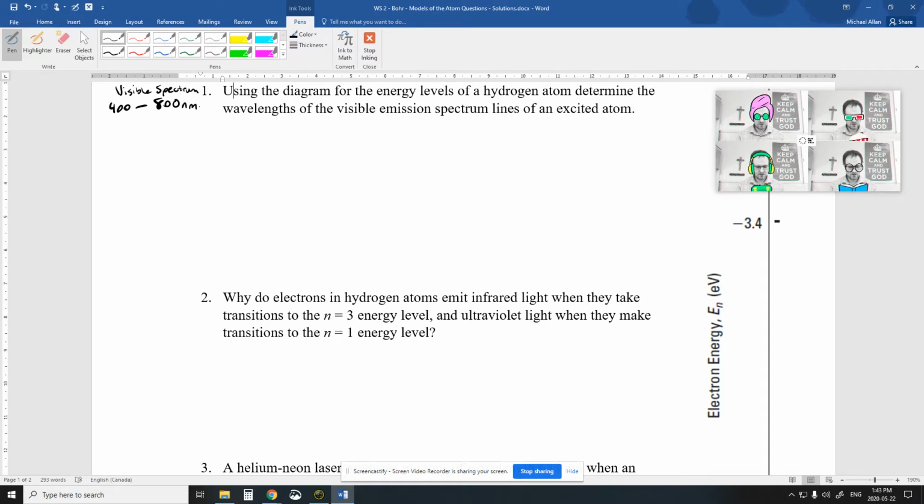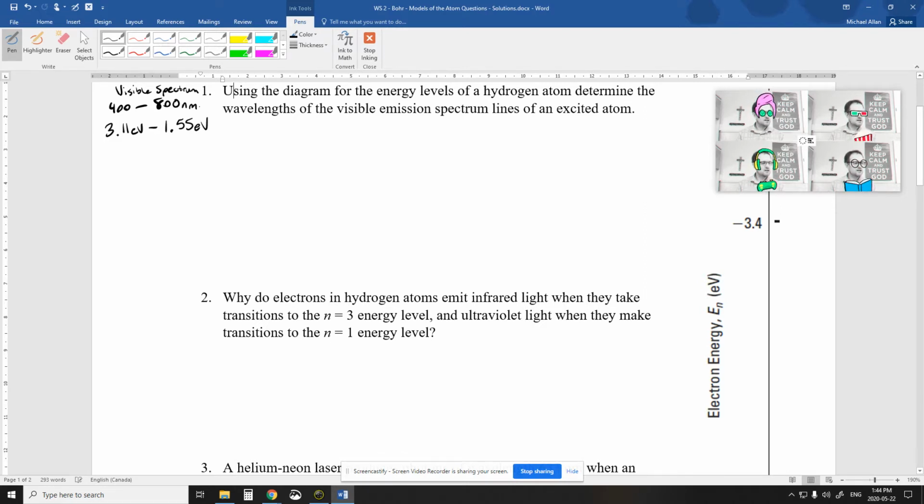Negative 15 times c over lambda. I've seen these numbers before. 3.11 electron volts. And if I do it for the 800, I get approximately 1.55 electron volts, or 1.7 or so.